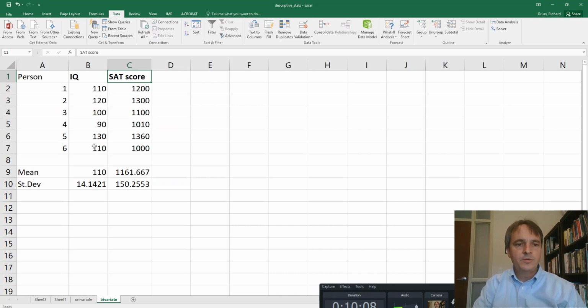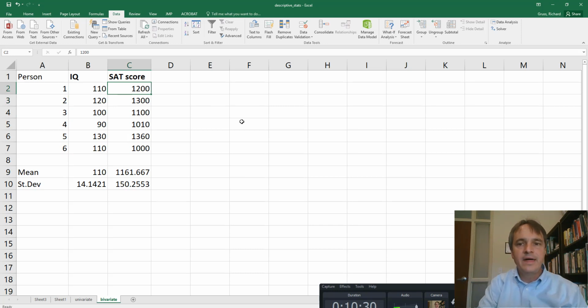Now what we want to think about is how do these vary around their mean? When we were talking about the variance last time, we were wondering just how spread out they are, which has to do with where these are in relation to the mean.